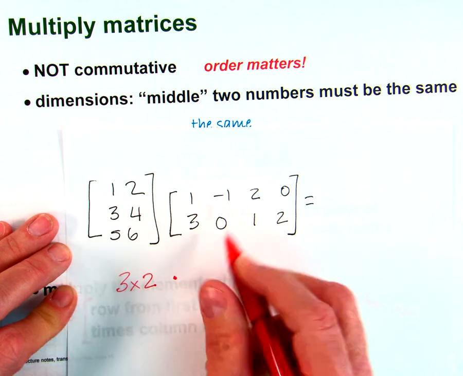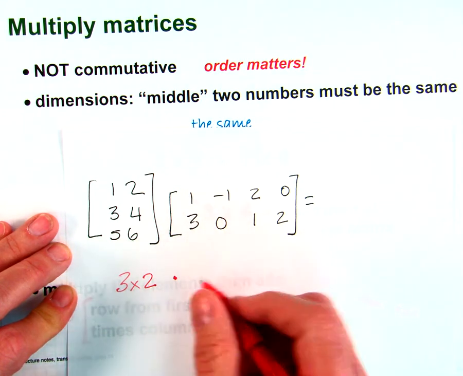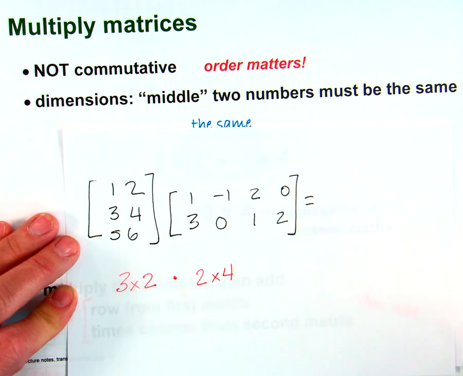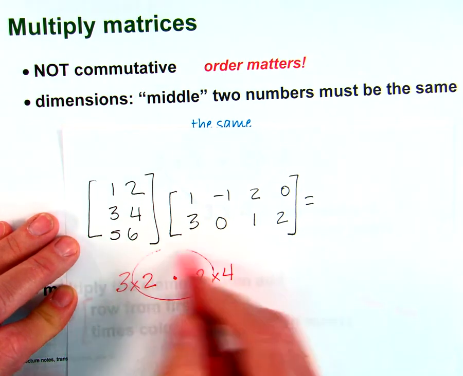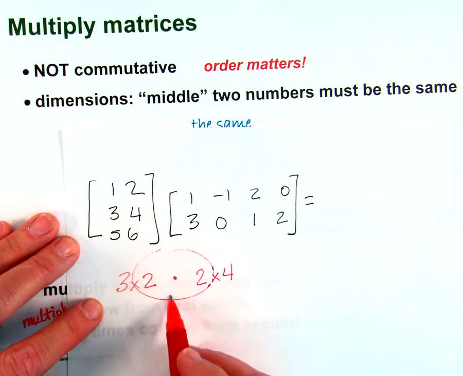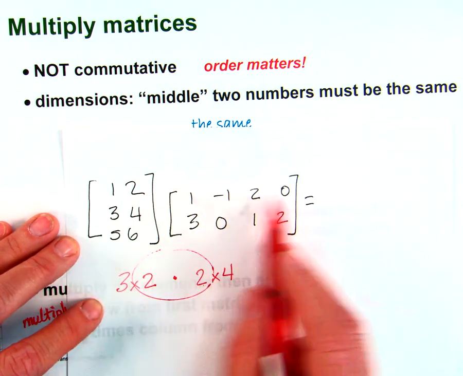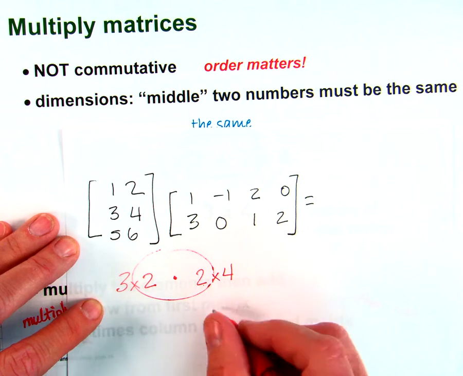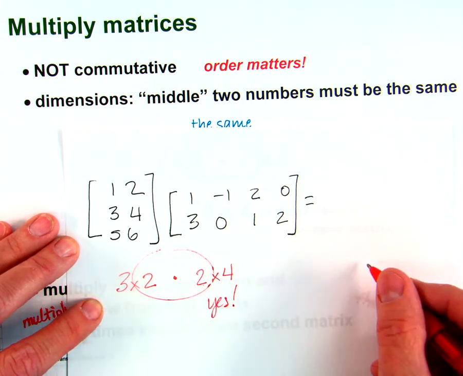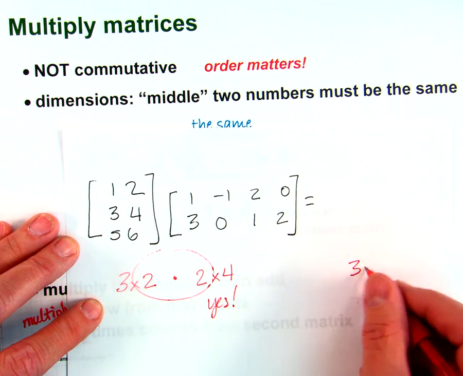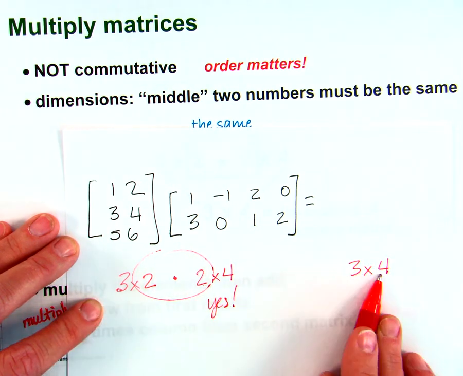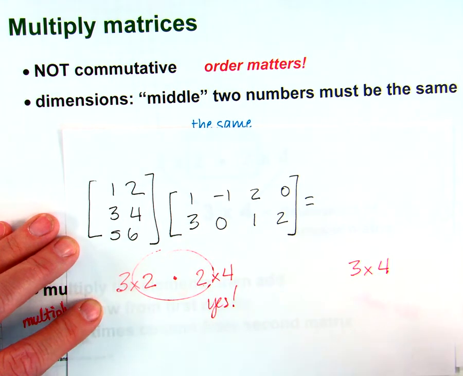The second one is 2 rows and 4 columns. The center is the same: the number of columns in the first matrix, 2, and the number of rows in the second matrix, 2, are the same. Therefore, I can do it. And my resulting matrix will be 3 by 4, which is the rows of the first one and the columns of the second one, the numbers that were not in common.